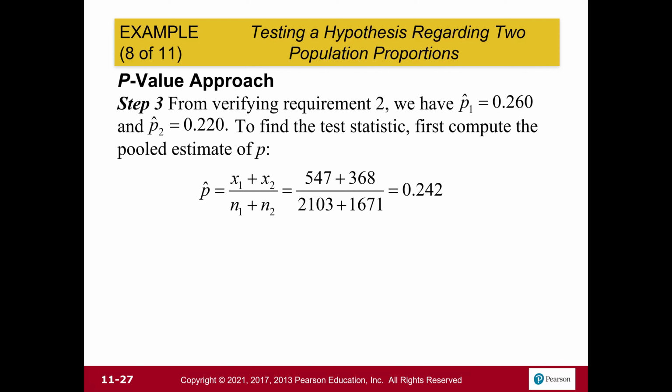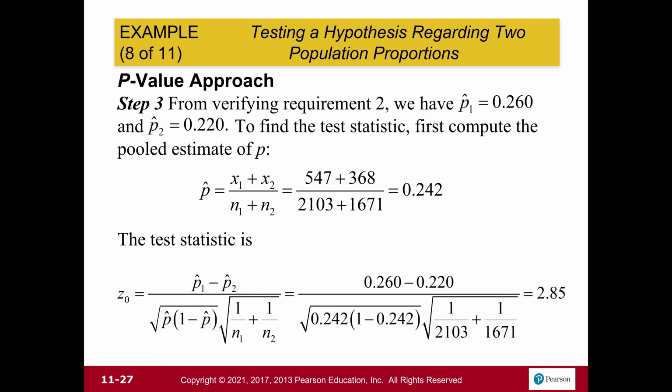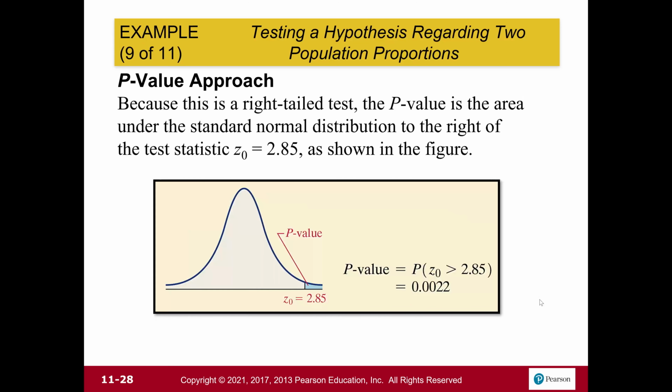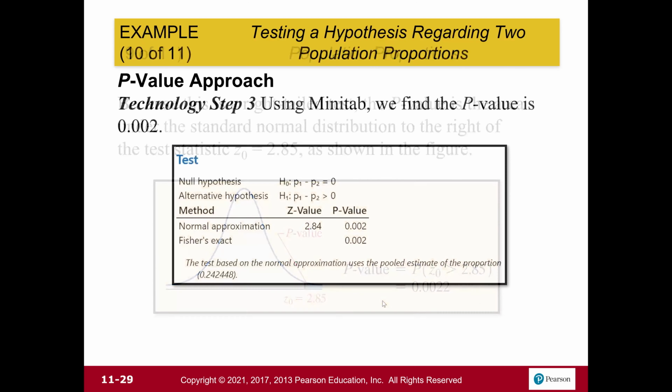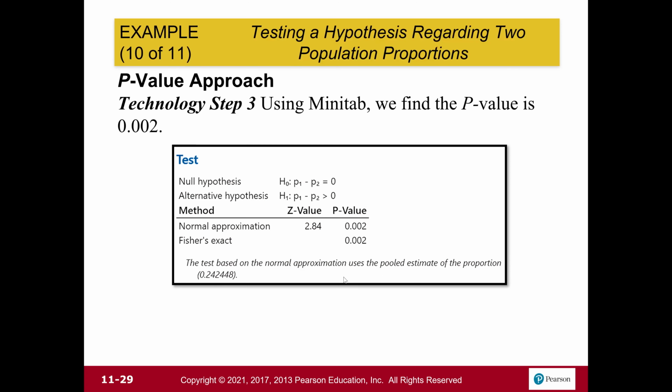Now, if we wanted to calculate the p-value, again, we do the same thing, but with our test statistic, we're going to calculate the area in that right tail. And the area in that right tail is actually 0.0022. We do normal CDF, lower bound, upper bound, 0.0022. That's less than 5%. Much, much less than 5%.